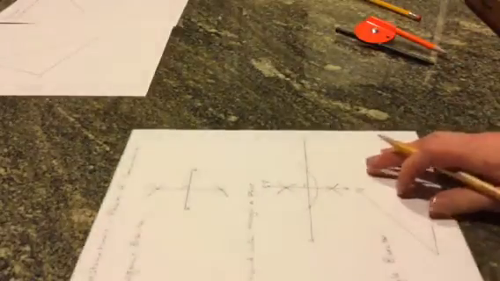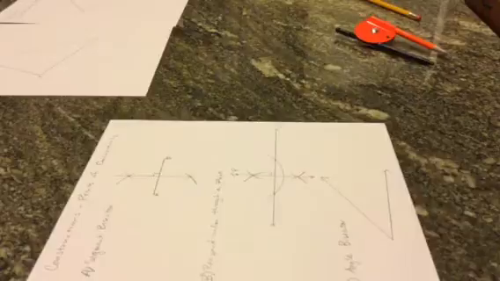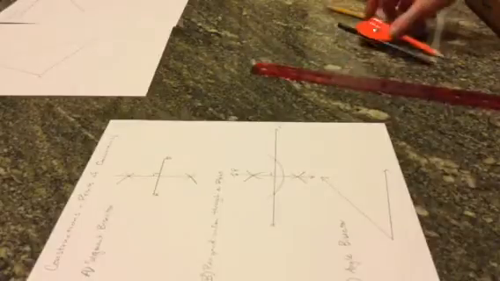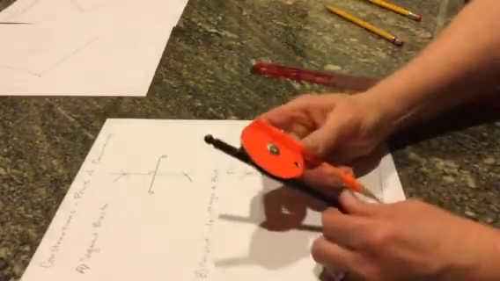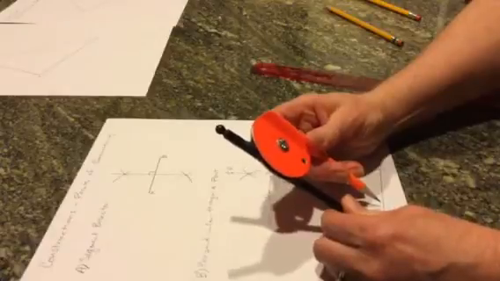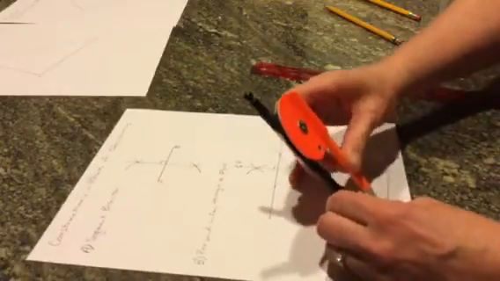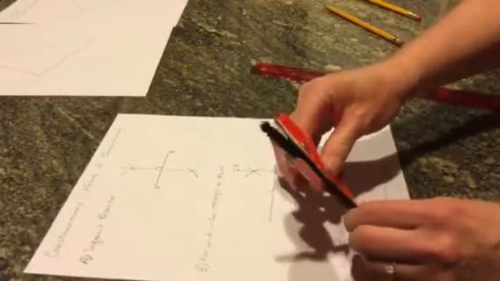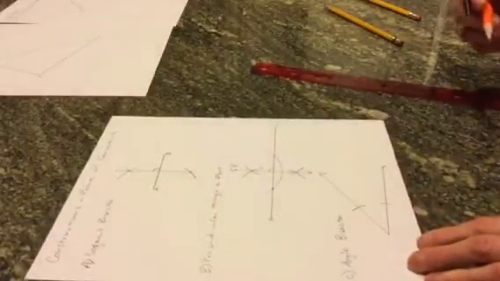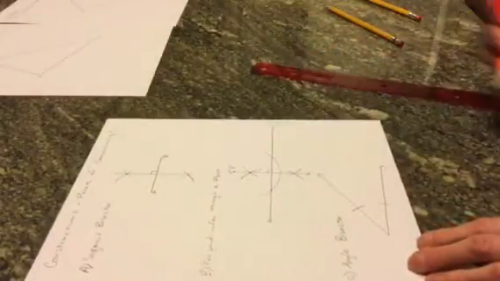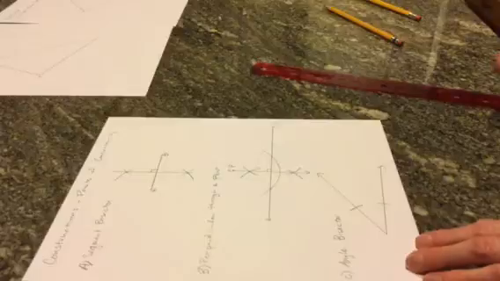So I'll draw an angle, and there's my angle. And then I will bisect that angle. Remember that that involves first marking off a distance from the vertex of the angle and marking that distance on each side of the angle.